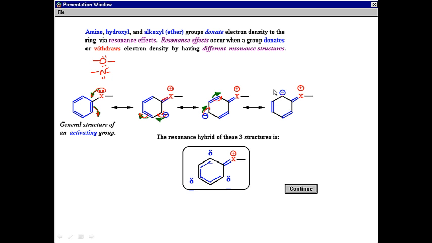So here's what I've done. I've drawn 3 resonance structures by taking this lone pair and in essence pushing density into the ring. Because if I come down here, what I see is that the resonance hybrid of these 3 structures has a ring that has some delta minus charge. So in other words, this ring is going to be more nucleophilic and is going to be activated.